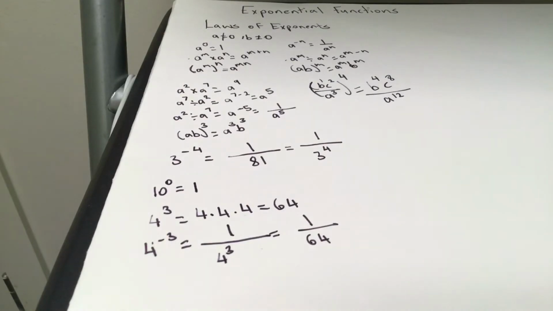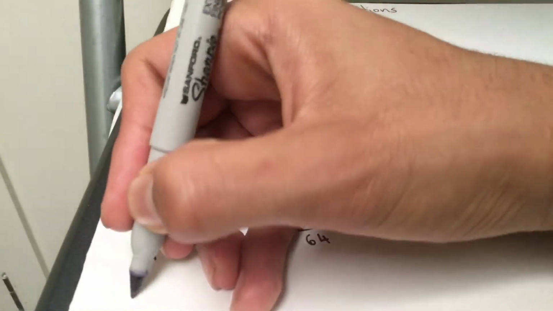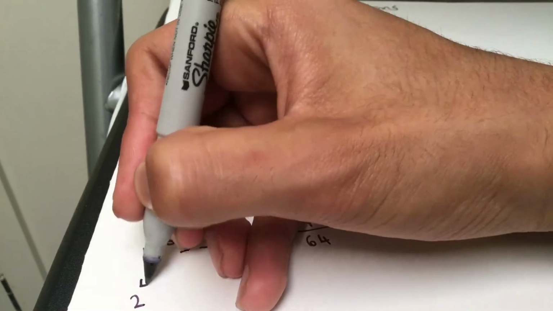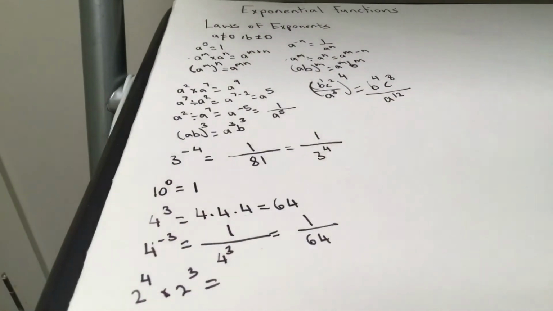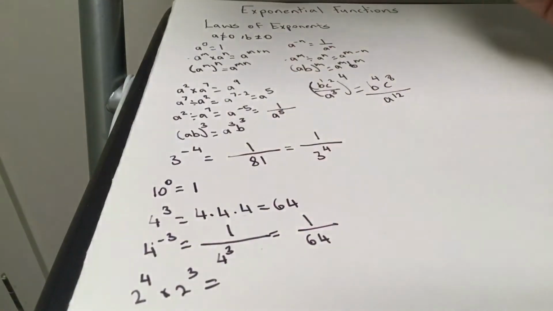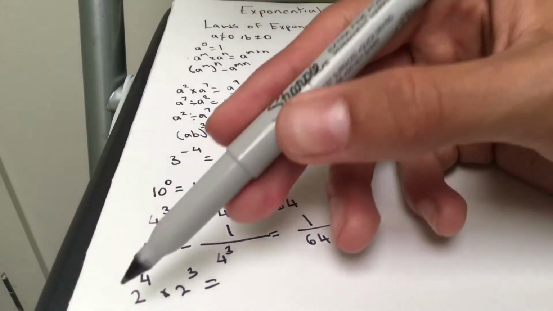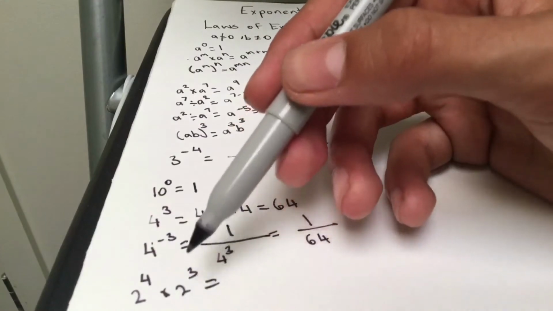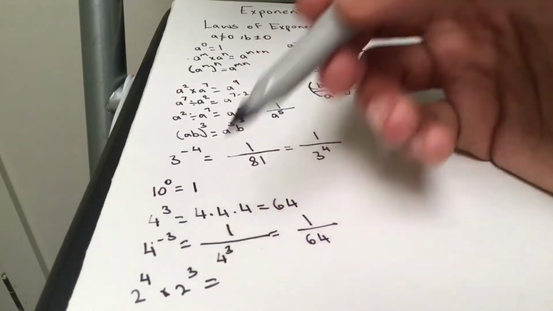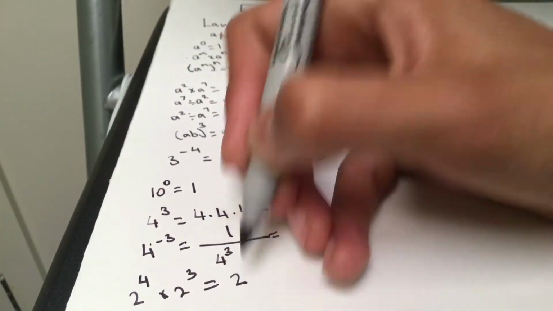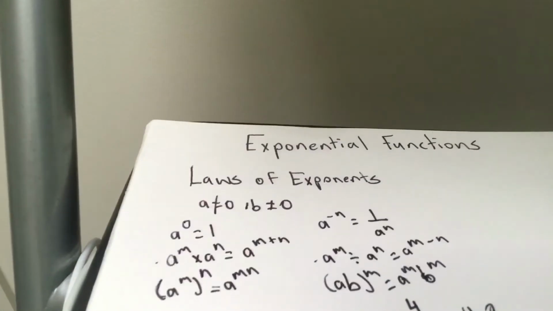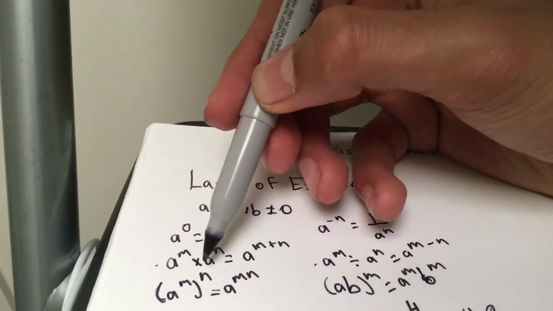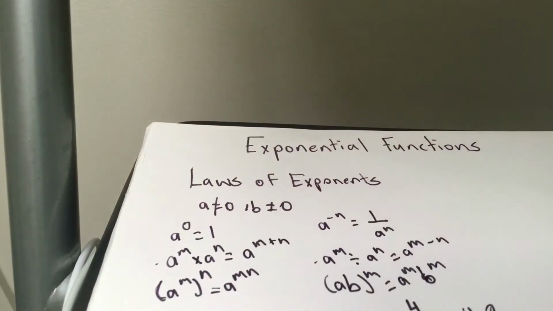Okay, so now let's do 2 to the power of 4 times 2 to the power of 3. Okay, so the first thing, you don't do 2 times 2, so your answer is not 4. It would just be 2, because it shows over here. And our second rule, a times a, you leave the number.